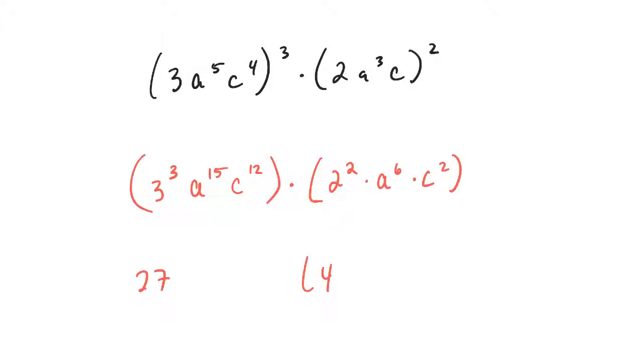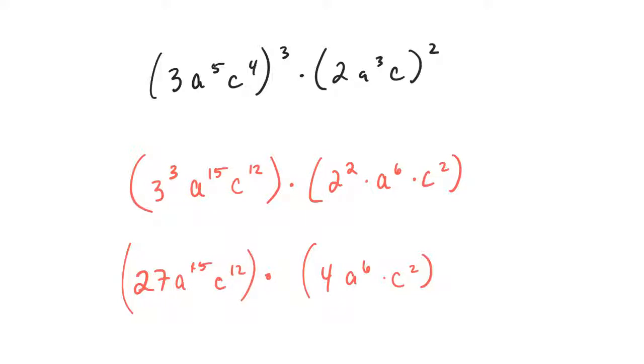All right. Then on the next line, I'm just going to rewrite the values down here with the numbers. Okay, what about at this point? It would be 27 times 4.